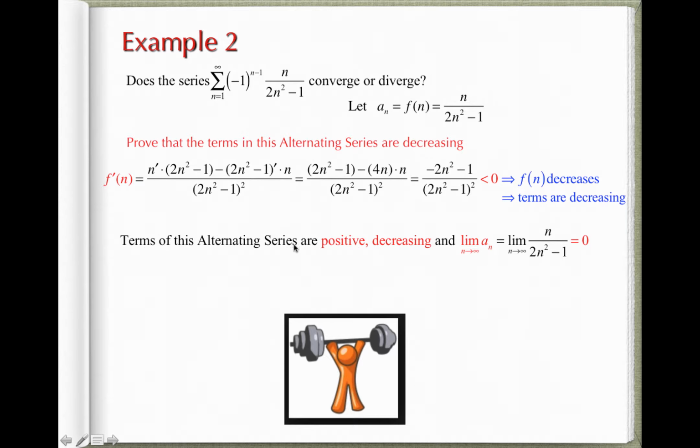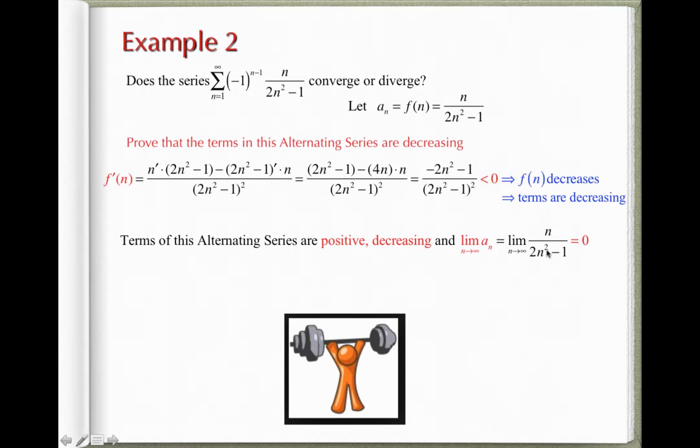So the terms of this series, if you were to write them out, if this is our a sub n, again, we're not being distracted by the fact that we're going to have some negative terms. The terms of this alternating series are positive, they're decreasing, and so we now come to the second condition of the alternating series test, which is, can we show that the nth term equals 0?